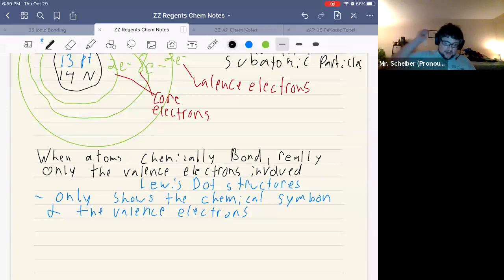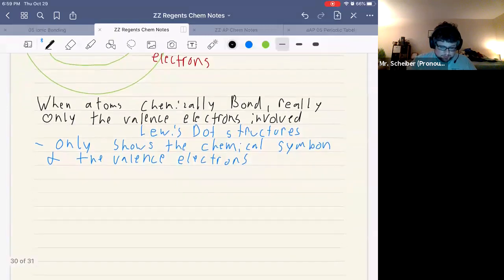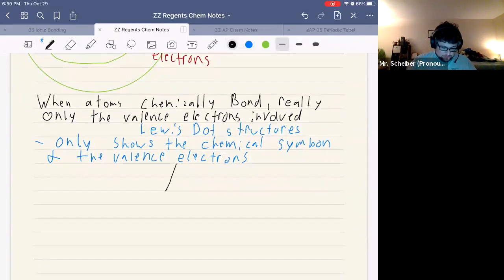So for Al, it's going to look something like this. Or for aluminum, an atom of aluminum, Al. Sorry, let's move that down a little bit more and you'll see why. Aluminum. So there we go. 3 valence electrons and just the symbol.